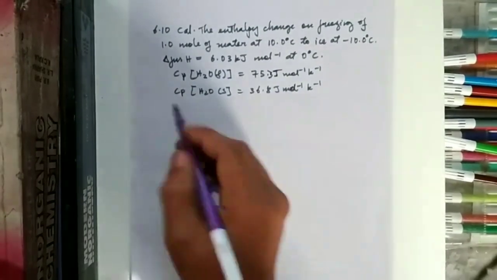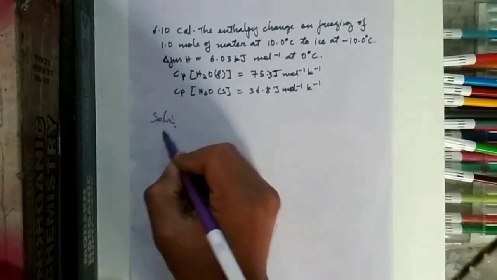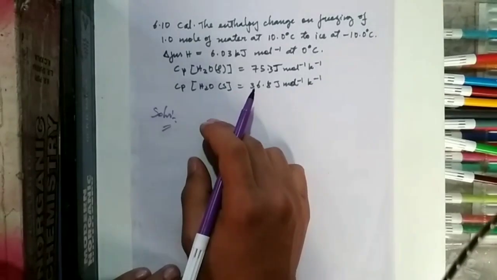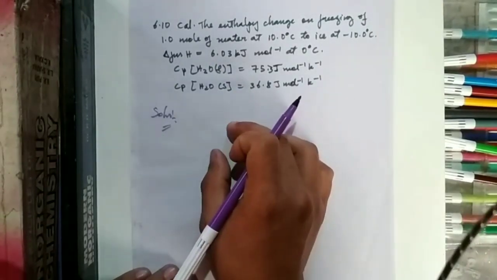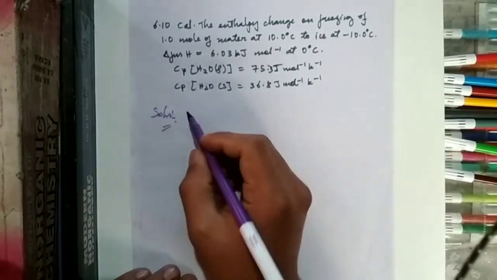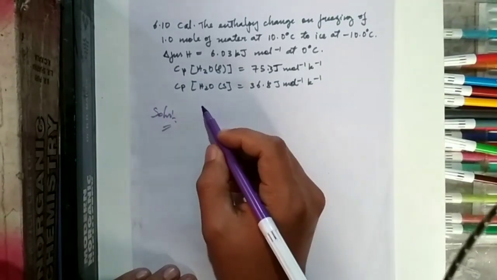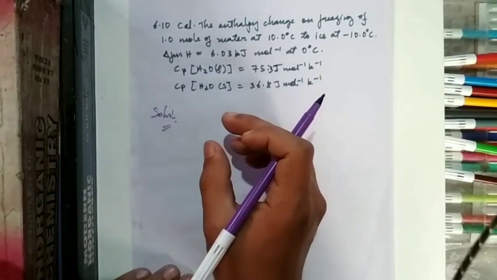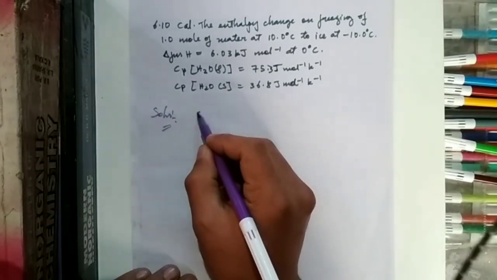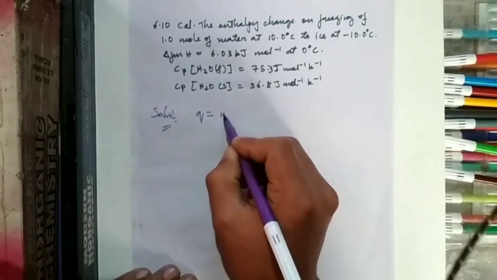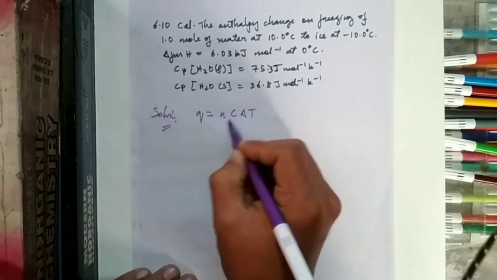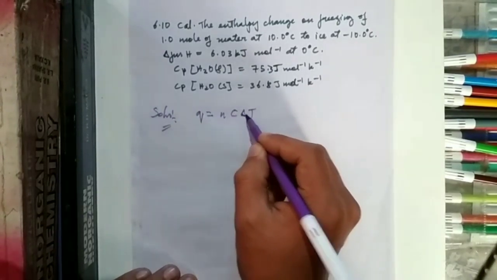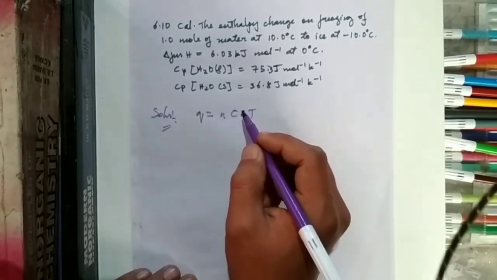Now solution. We know that the change in enthalpy, or heat, is given by the equation q equals n C delta T, where n is the moles, C is the heat capacity, and delta T is the change in temperature.